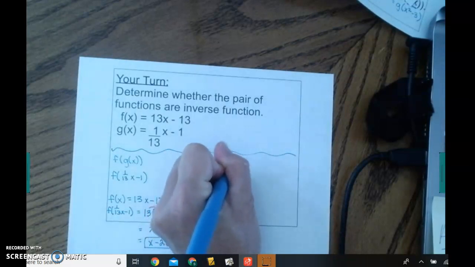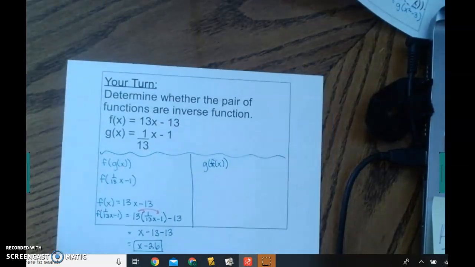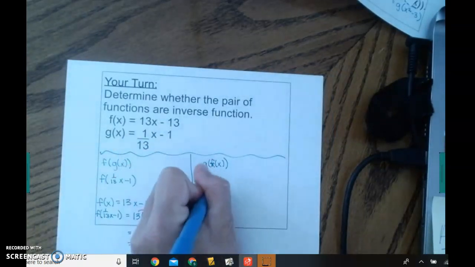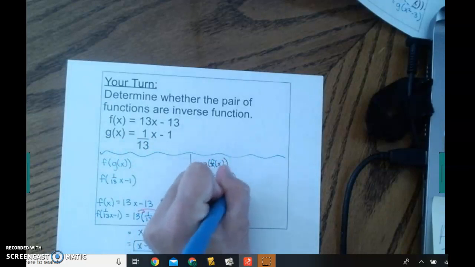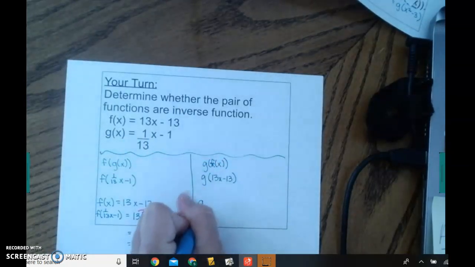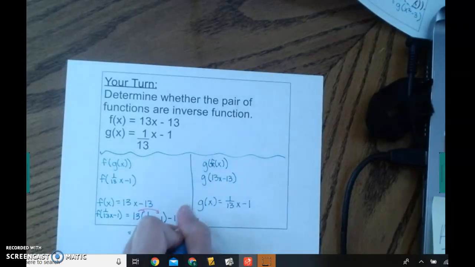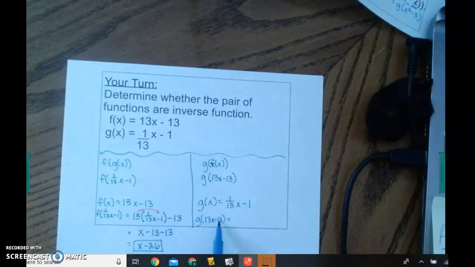So we would find g of f of x next. f of x is equal to 13x minus 13. If we look at our g of x function, now I want to find g of 13x minus 13. Everywhere I see x, I've got to substitute 13x minus 13. So we would have 1/13 times 13x minus 13, minus 1.